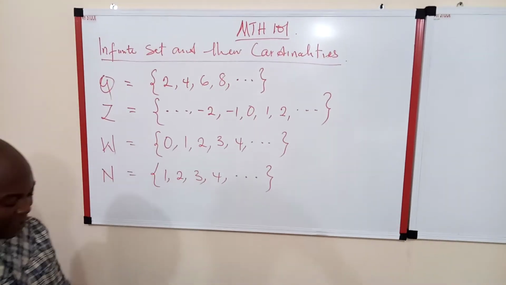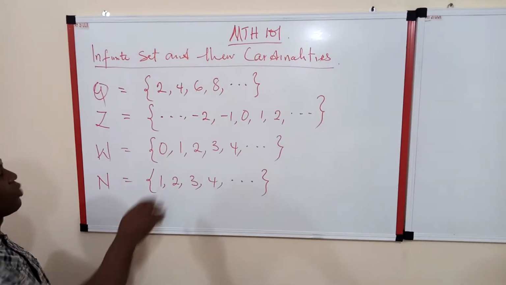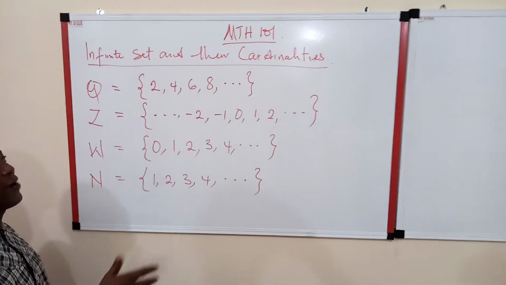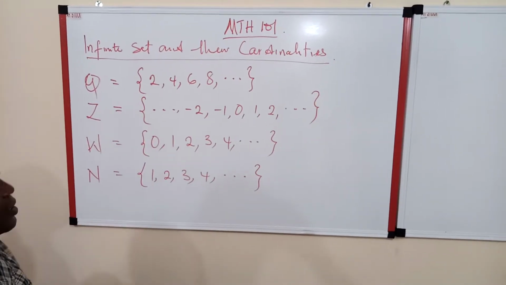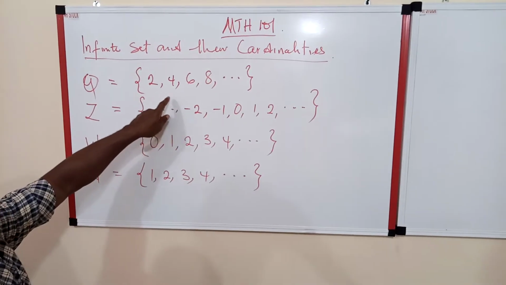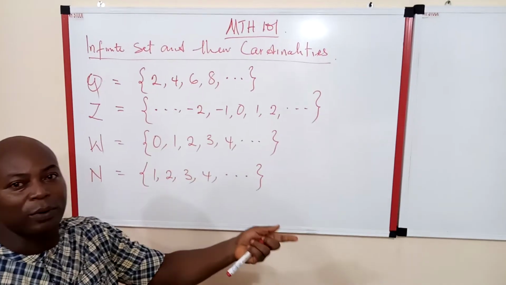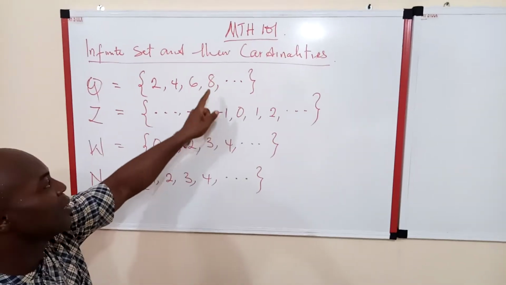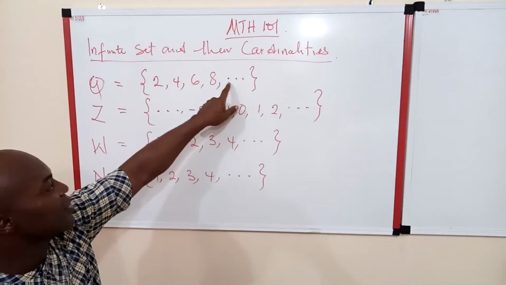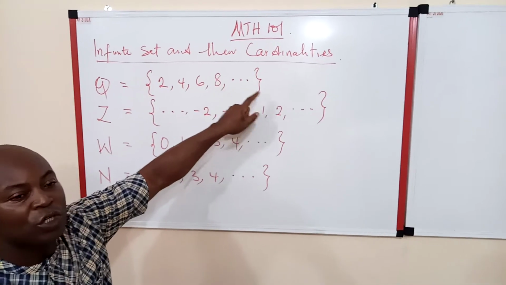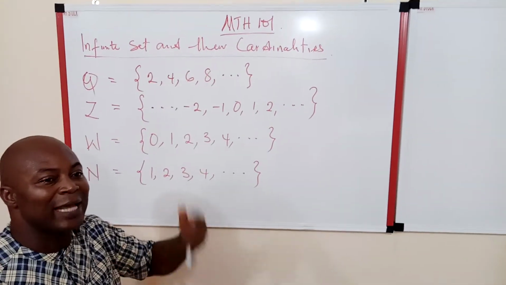So you can see that these ones we have listed differ from those we considered in the case of a finite set. Because they are uncountable, all the elements cannot be listed explicitly. So we have used three dots to indicate that, and so on.